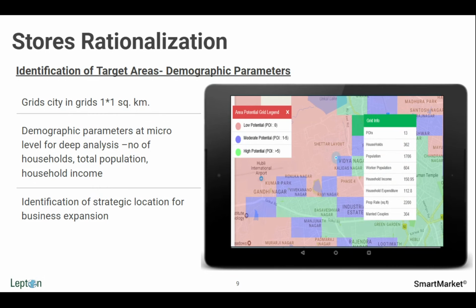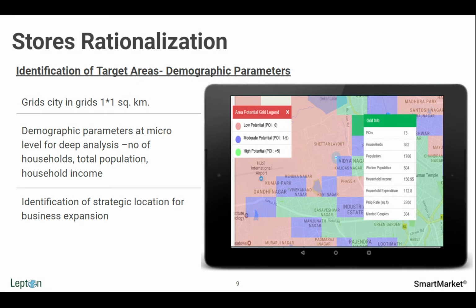This helps me assess, if I have a store in a certain location, whether my store lies in a high potential business grid for me or in a moderate potential grid. Or if I'm looking to come up with new stores in that city, I can zero in on only the high potential business grids for me.